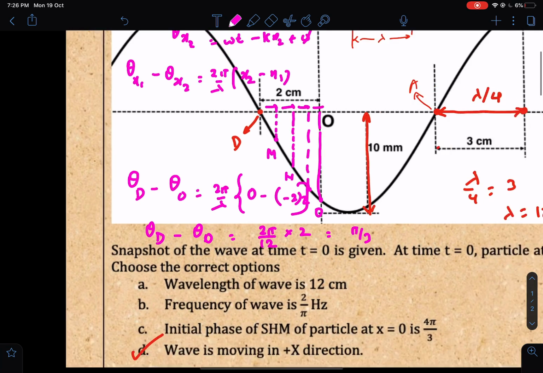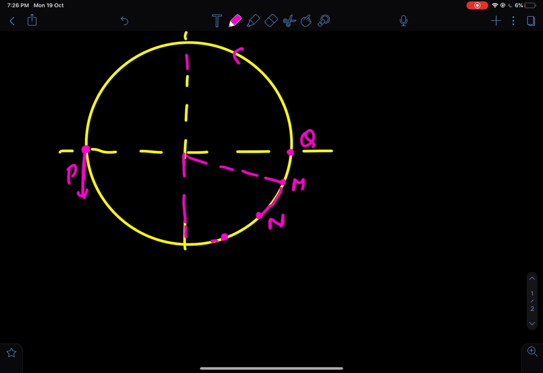So phase difference is pi by 3, which means we will be representing this O point pi by 3 angle clockwise of Q. So here we have this particle O, and this angle is pi by 3.